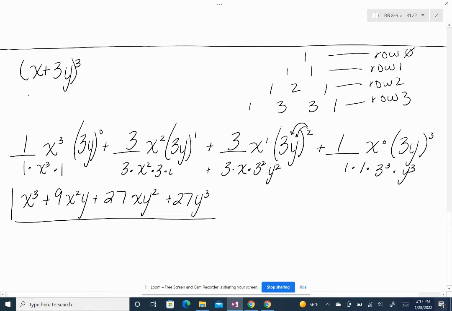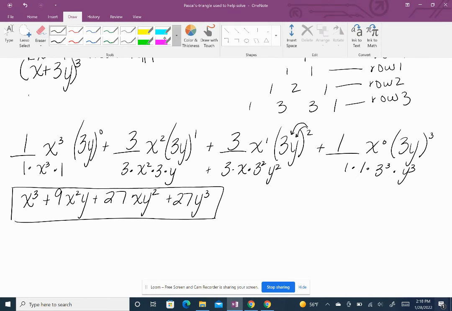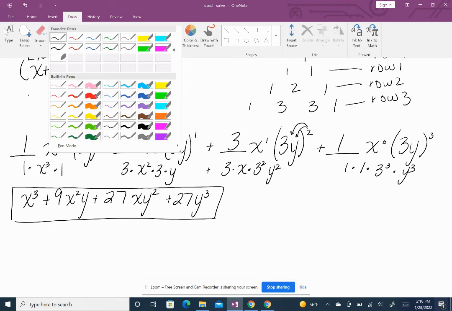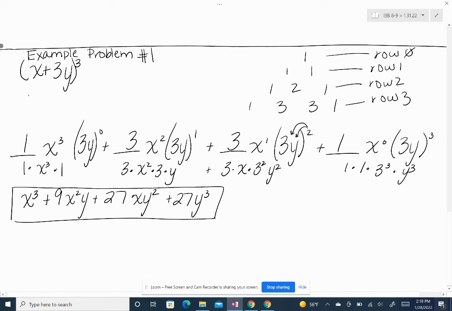I don't like that line like that. Don't like that y either. Okay, the struggle is real. Okay, cool. That looks much better. So that's example problem number 1. And actually, I'm going to draw better lines in between the example problems, just so there's a little bit better differentiation.